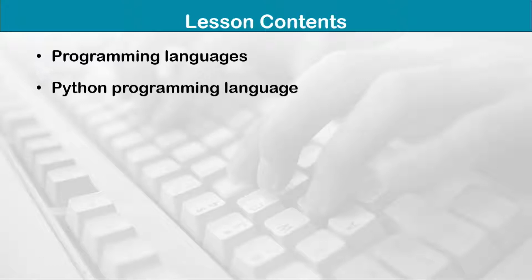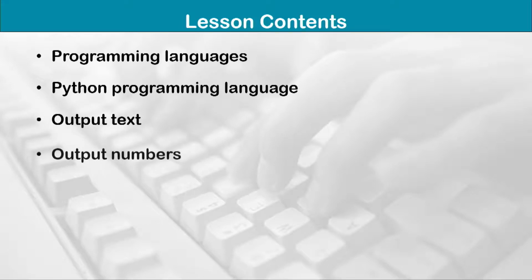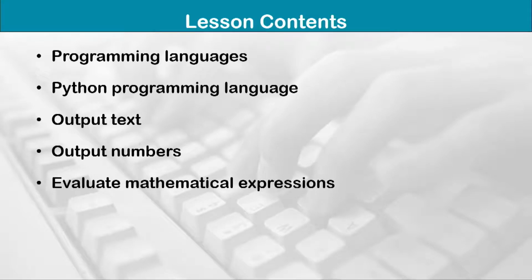Then we will learn how to write Python commands to output text, to output numbers, to evaluate mathematical expressions and output results. We will have a quick test to assess your understanding of the lesson. And finally, a recap of what you learned today.